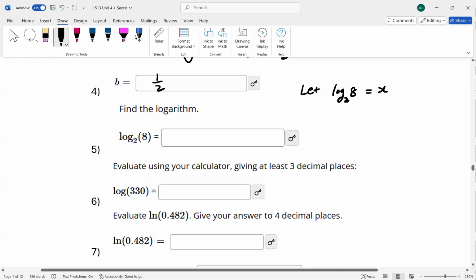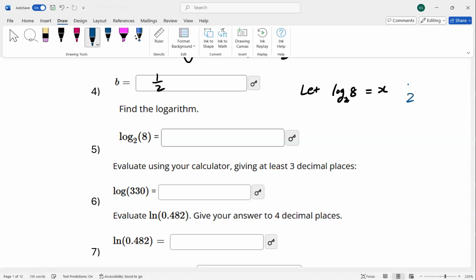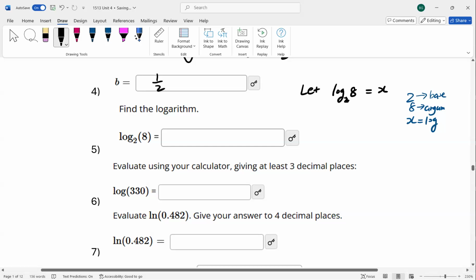Let's convert this equation to the equivalent exponential form. 2 is the base. 8 is the argument. x is the log, the log that we are trying to find out, right? So once you have those 3 parts identified, we can convert that to the equivalent exponential form.